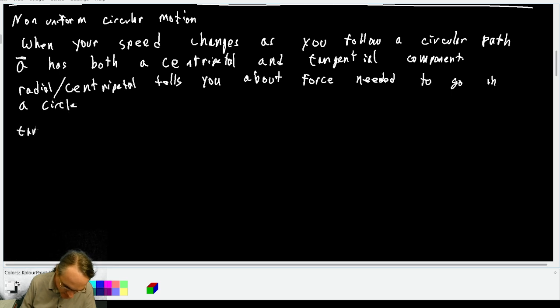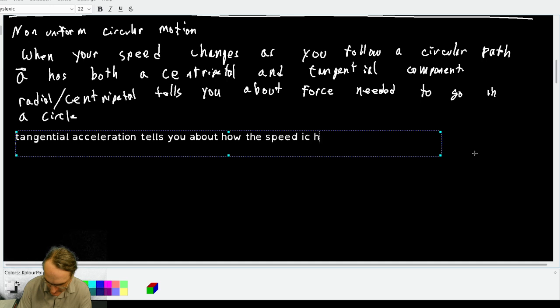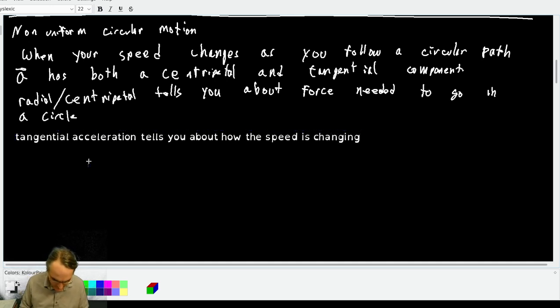And tangential acceleration tells you about how the speed is changing as you go around the circle.